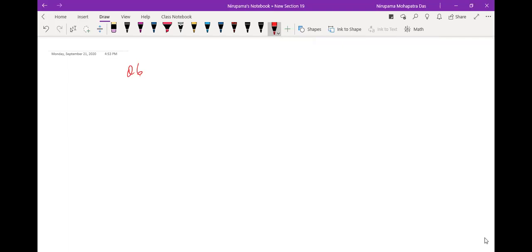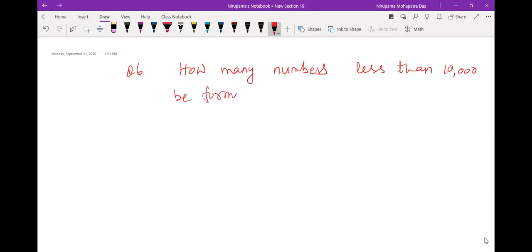How many numbers less than 10,000 can be formed by using different digits from 0 to 9?